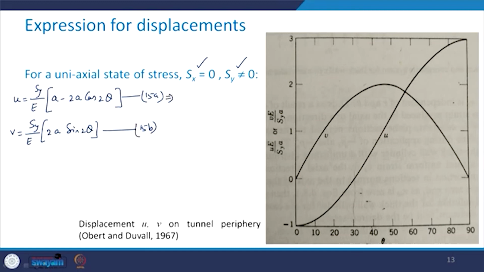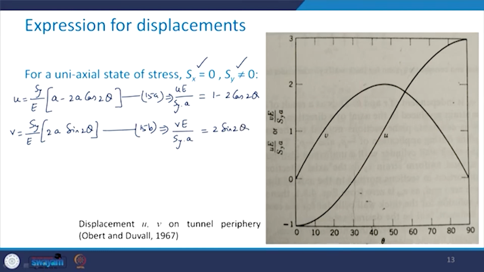Now from here you find uE upon Sy into a, that is going to be equal to 1 minus 2 cos of 2 theta. And from here we obtain the expression vE upon Sy into a, which will become 2 sine of 2 theta.